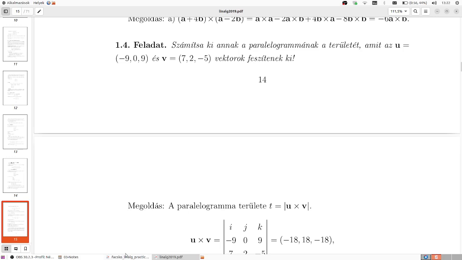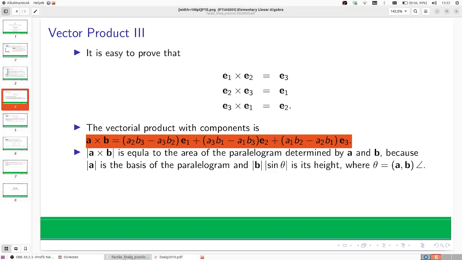So remember, A cross B is equal to the area of the parallelogram determined by A and B. You remember this from the lecture. If not, it's not a problem. It is not expected to remember everything. That's why I use these slides.